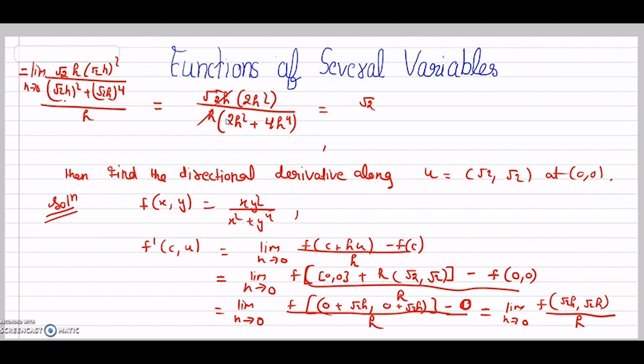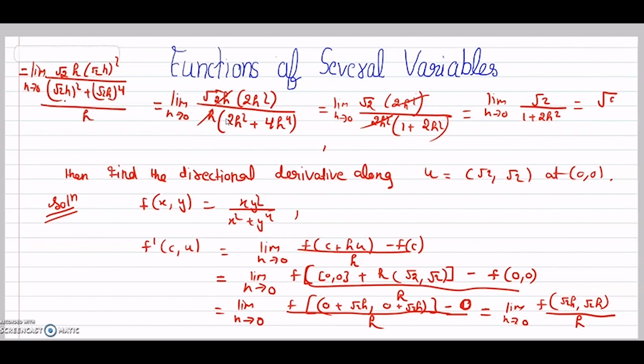limit h tends to 0. Limit h tends to 0 under root 2, 2h square we will take common, then 1 plus 2h square, fine, 2h square from 2h square we will cancel out. And then what remains, limit h tends to 0 under root 2 upon 1 plus 2h square, and after applying limit it will be equals to under root 2.